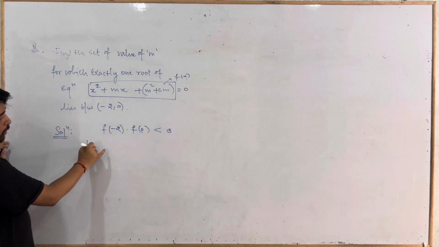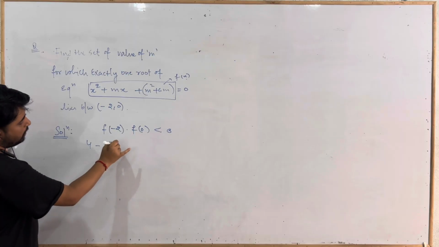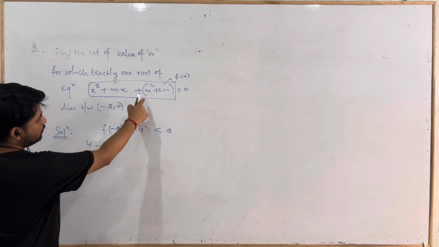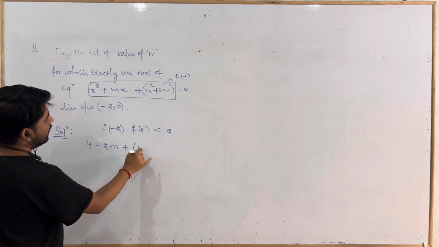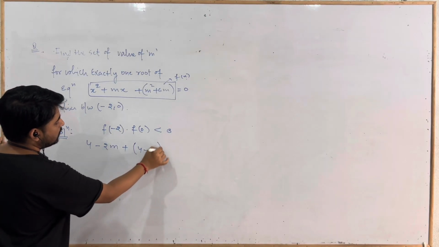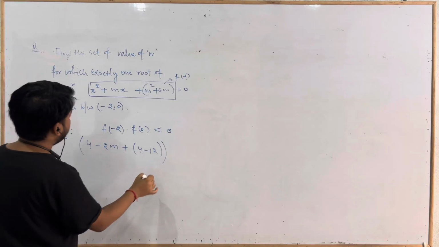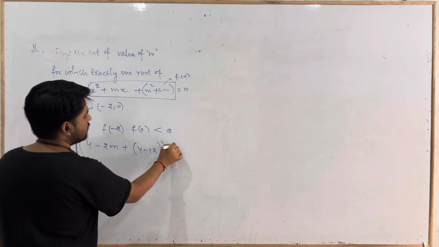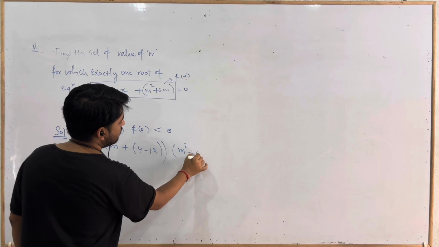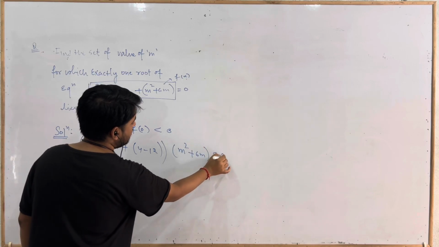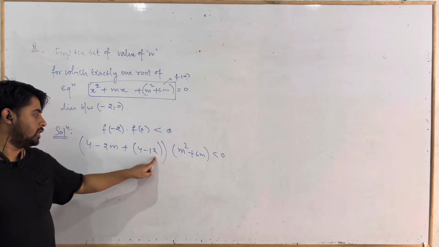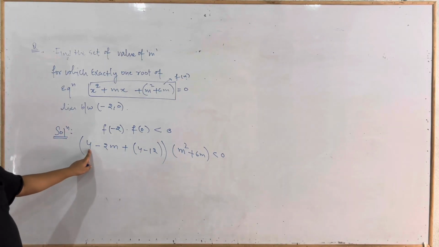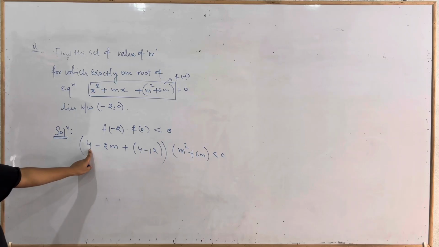(-2) square is 4, plus (-2)m, and this is plus 2 square, 4, minus 12. And f(0) is what? This is 0, this is 0, and this is m square plus 6m, which should be less than 0. Let's simplify this one. 4 minus 12 is minus 8, and minus 8 plus 4 is minus 4.